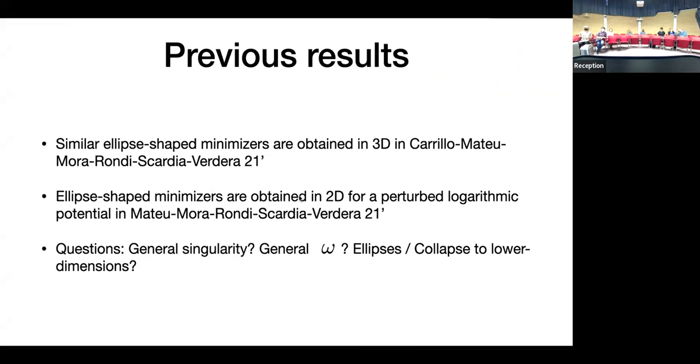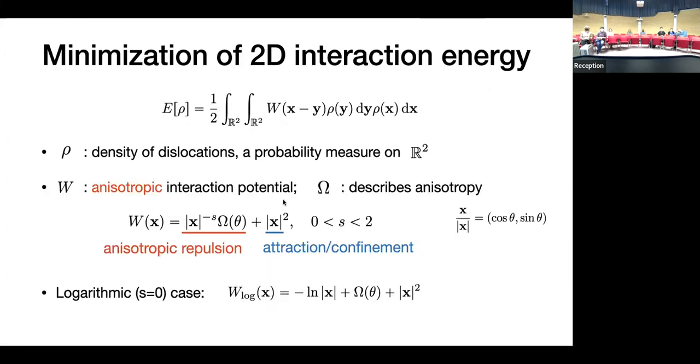Okay, so of course, now we can ask the question: this problem, up to now, is not very well understood. For example, we said that we can discuss more general Riesz-type singularity here. Previous results only understand the case S equals 0, but what about general S?